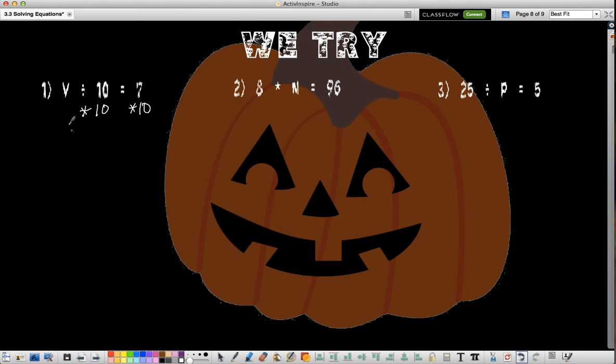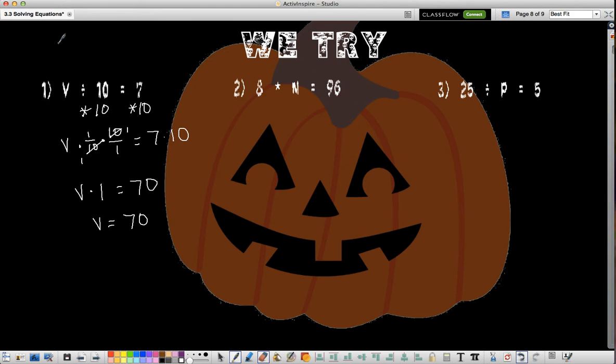If I look at this in terms of a fraction, dividing by 10 is the same thing as multiplying by its reciprocal, which is 1/10. Then multiplying by 10, that becomes 10 over 1 is equal to 7 times 10. And here we turn into v times 1 equals 70. And I know v times 1 is going to give me v, which gives me 70.